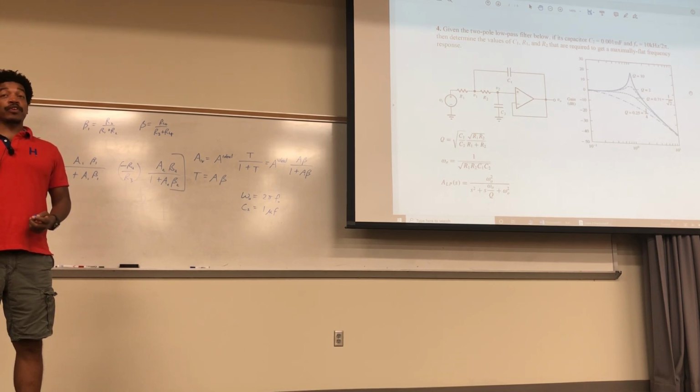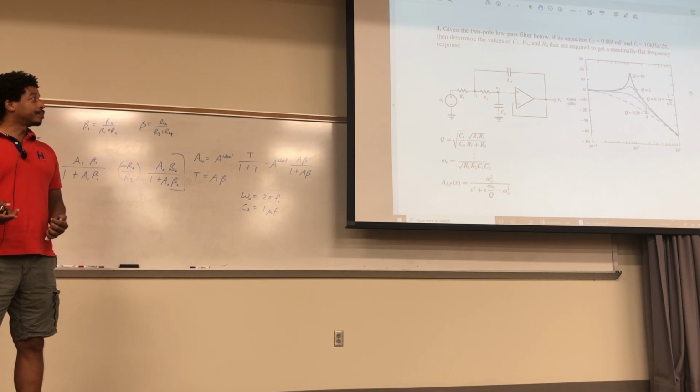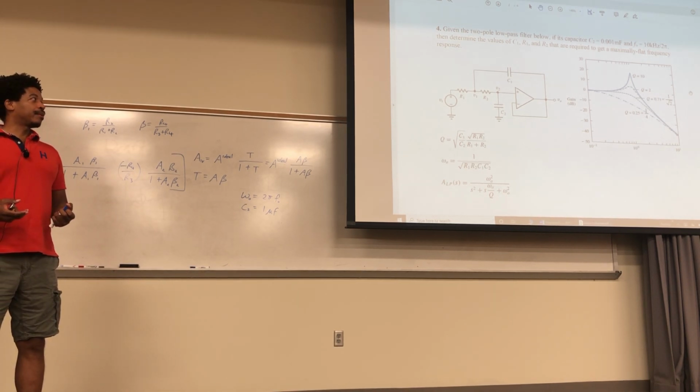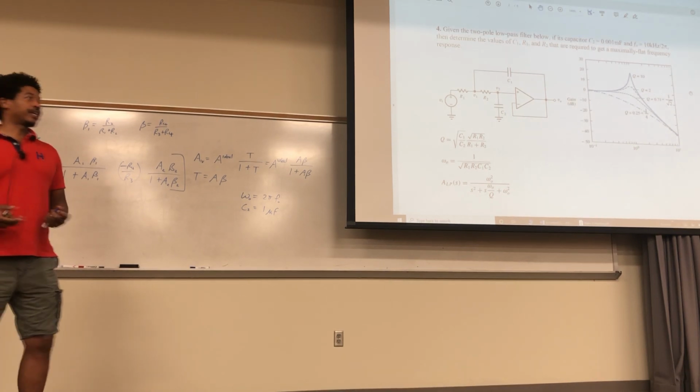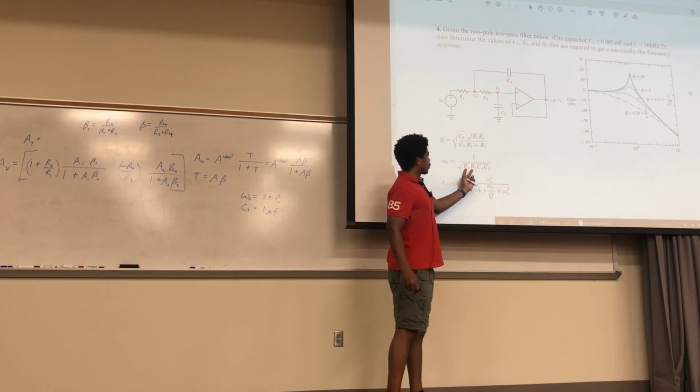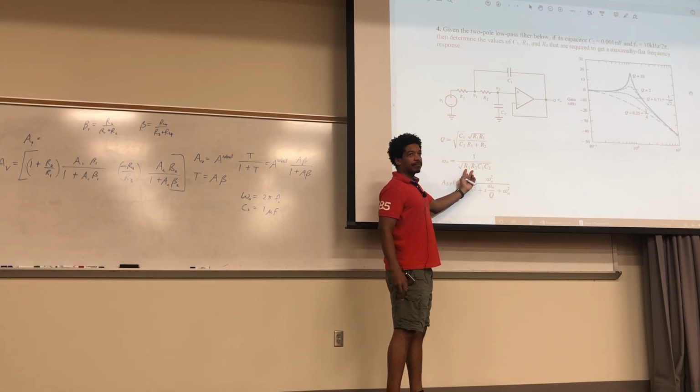Well, you can come up with a third equation, right? Or you can put a constraint on something. You can say, well, I got 2 resistors here. Let's assume that both of the resistors are identical. Okay?